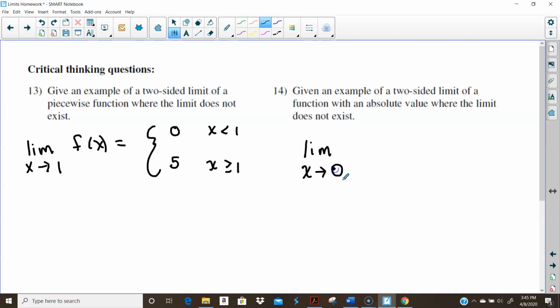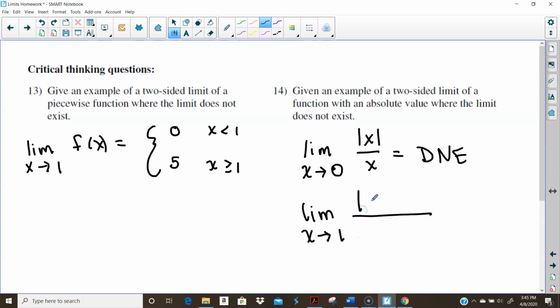The limit as x approaches 0 of the absolute value of x over x, which we've already done, does not exist. Another one would be the limit as x approaches 1 of the absolute value of x minus 1 over x minus 1, which does not exist.